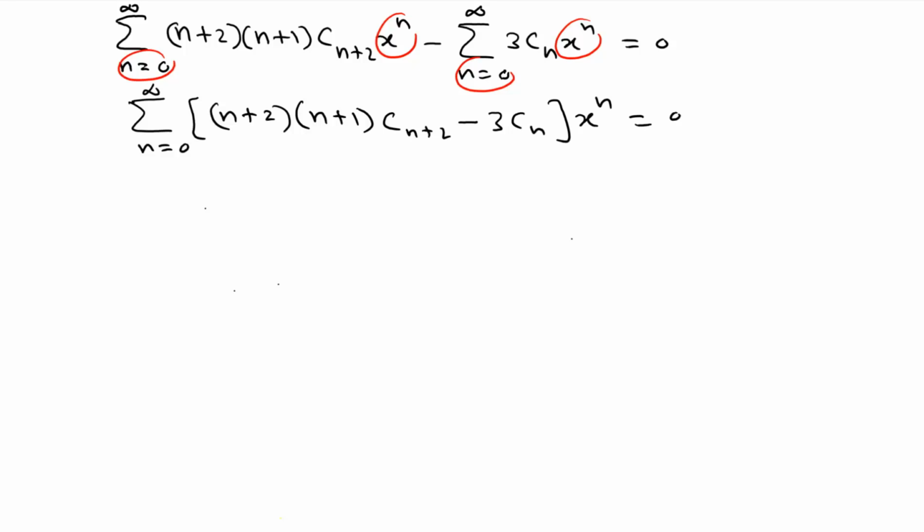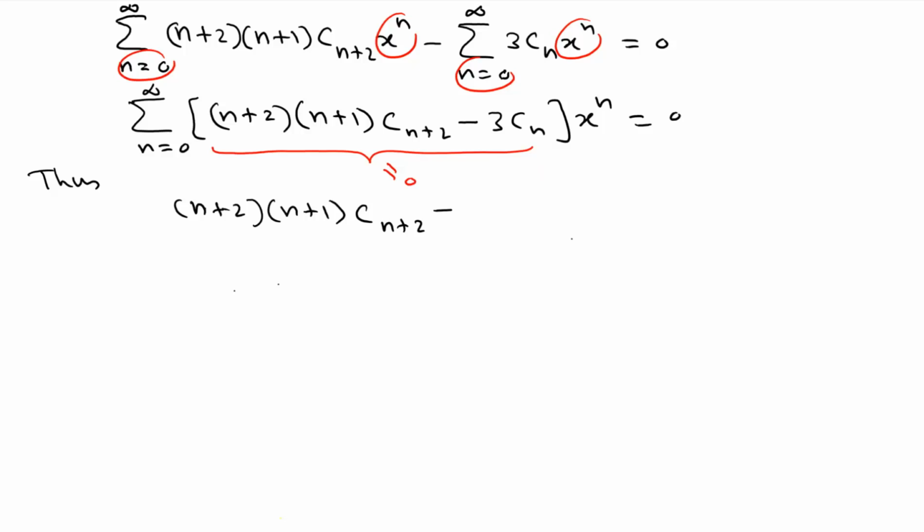So this has to be 0, because that's the only possibility that we can have. Thus, we have (n plus 2)(n plus 1) cₙ₊₂ minus 3 cₙ equal to 0, for n starting with 0, 1, 2, like that.